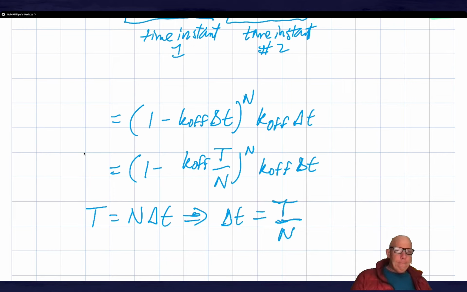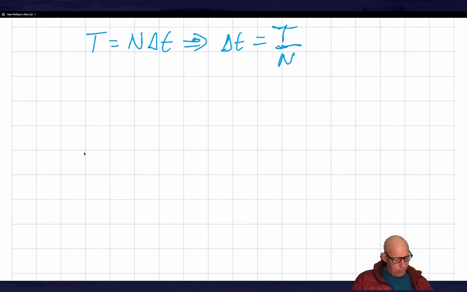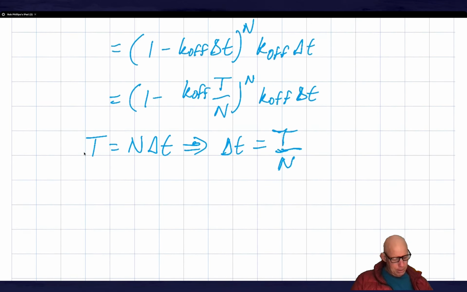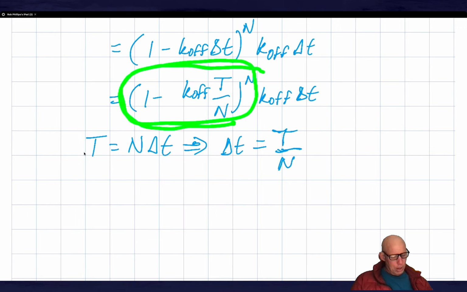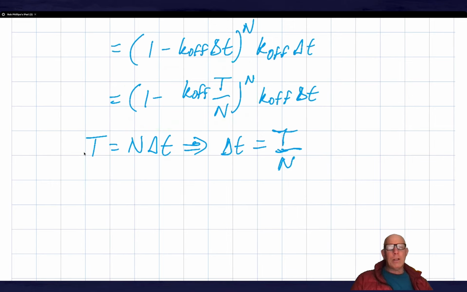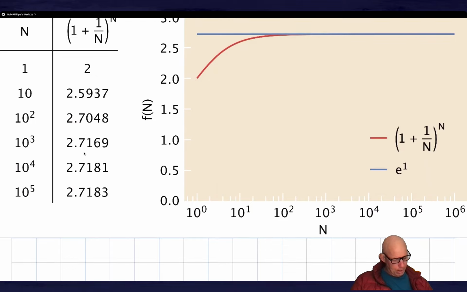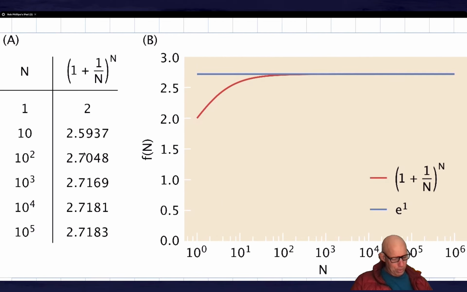Now, what's interesting, and I'm not going to go off on a tangent too much, is that you might recognize this if you check your memory banks. You might recognize this as something that you saw in some early class in which somebody forced you to do something about compound interest. And I basically want to show you the idea. So we're going to do a little exercise in experimental mathematics.